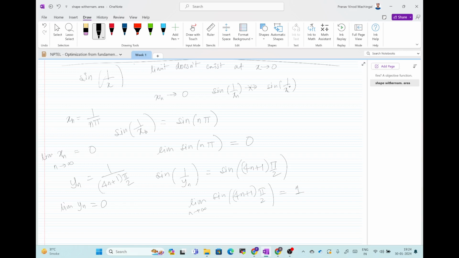We have an odd multiple of pi by 2, and this 4n plus 1 ensures it is plus 1, not minus 1. Right?